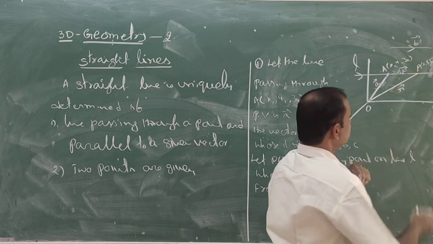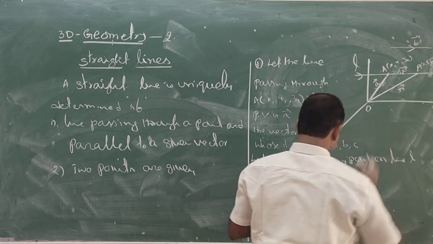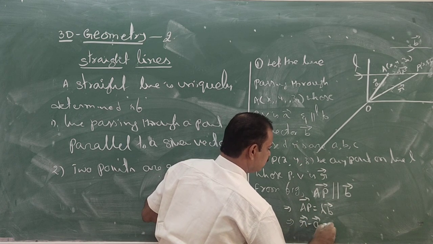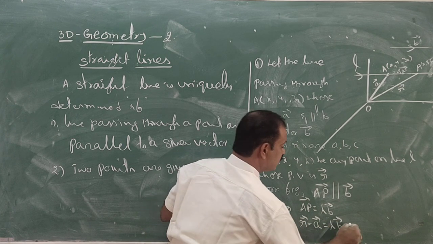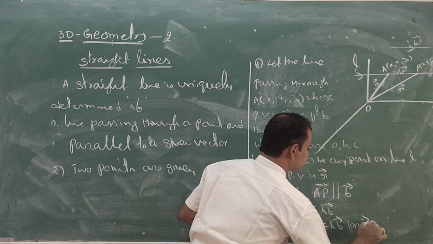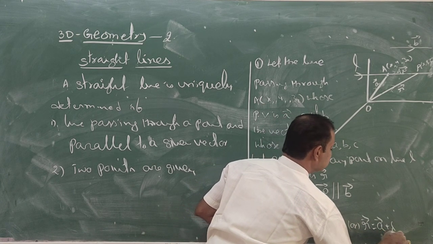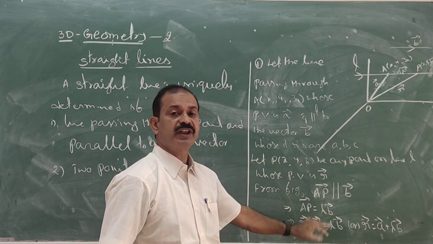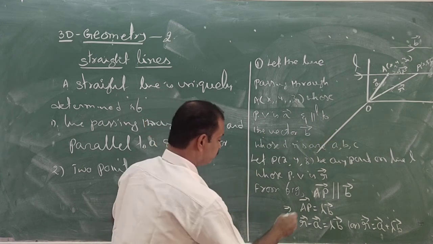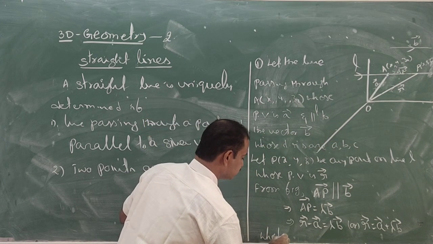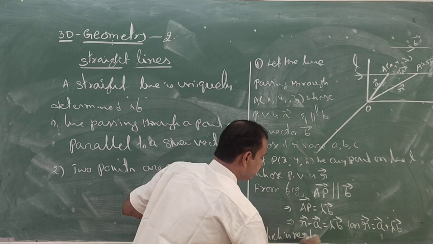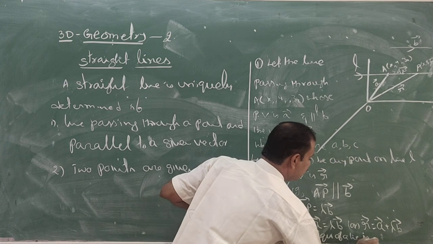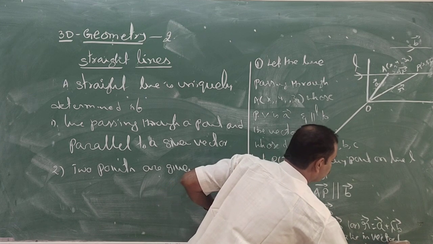OP is R and OA is A, which implies R minus A is equal to lambda B, or R is equal to A plus lambda B. Which is the required equation of a line in vector form.